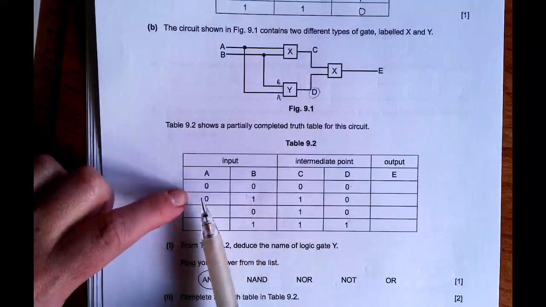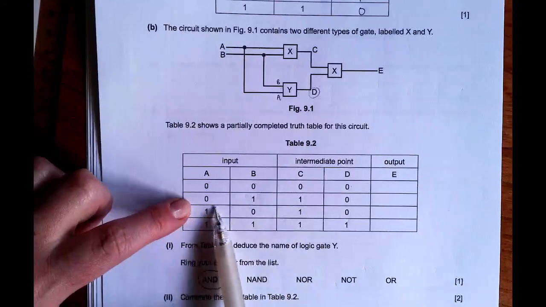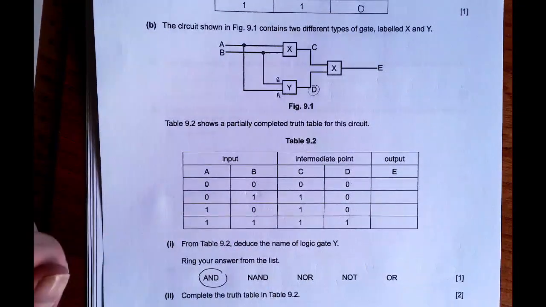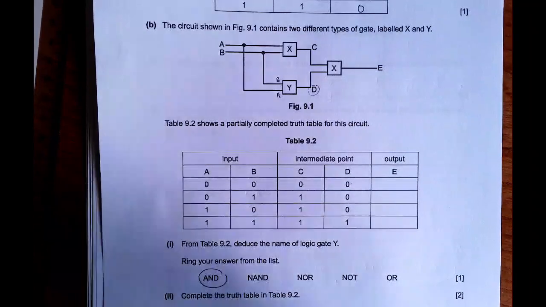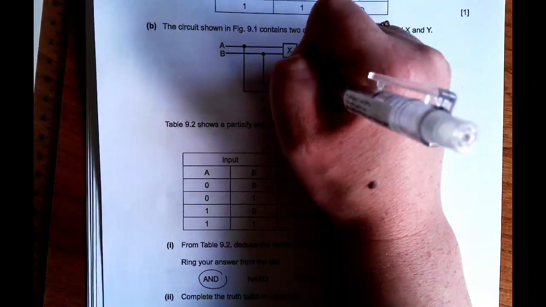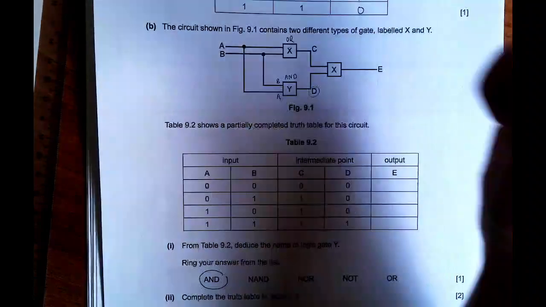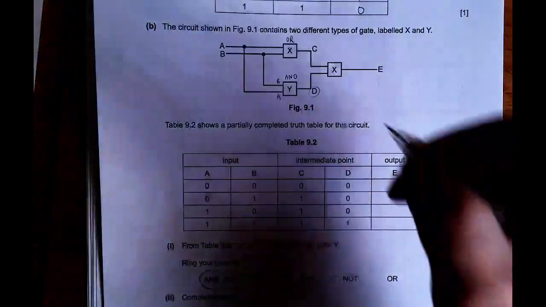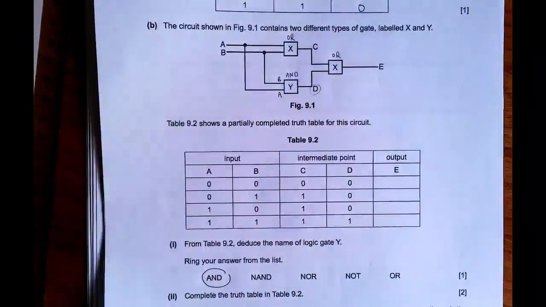And the only time it's a 0 is when both are zeros. So when either or are 1, the output is 1. So we've got an AND gate for Y, but we've now got an OR gate for X, and we know that X is the same, so this is also an OR gate.